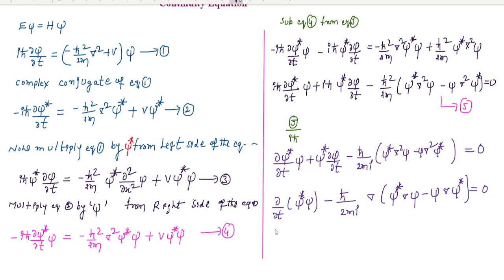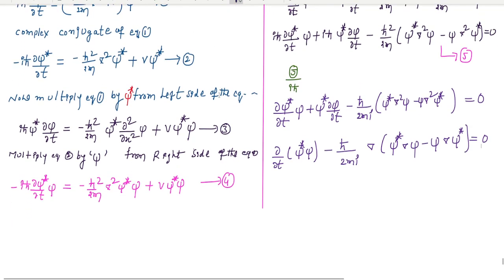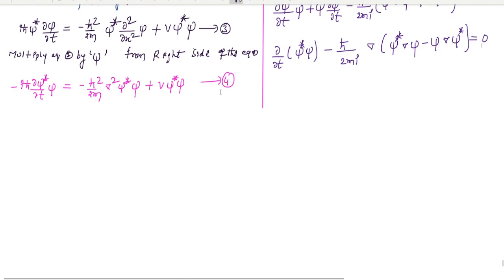So this time coordinate, we know very well, this one, ψ*ψ is nothing but, in quantum mechanics, ∂ρ/∂t plus ∇·J equal to 0.